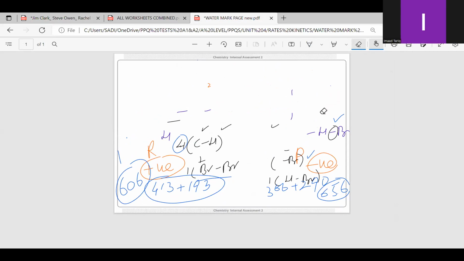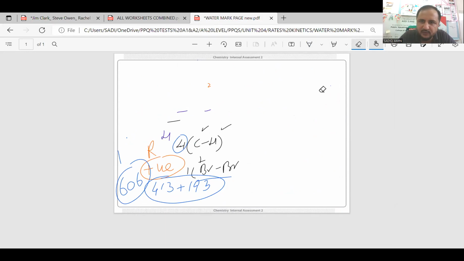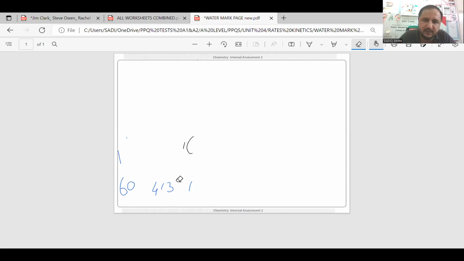So we can even use the formula, breaking and making bonds, right? Of course. The formula is designed from what I'm telling you. But sometimes we forget the formula. So it's easy to remember by looking into the equation: reactants are making the products.